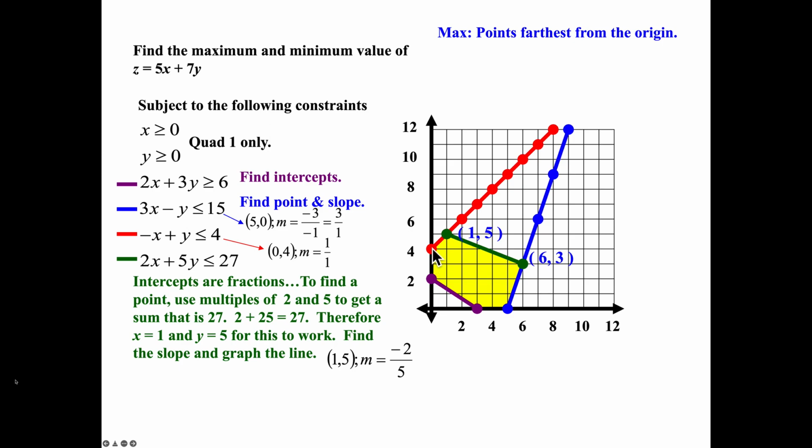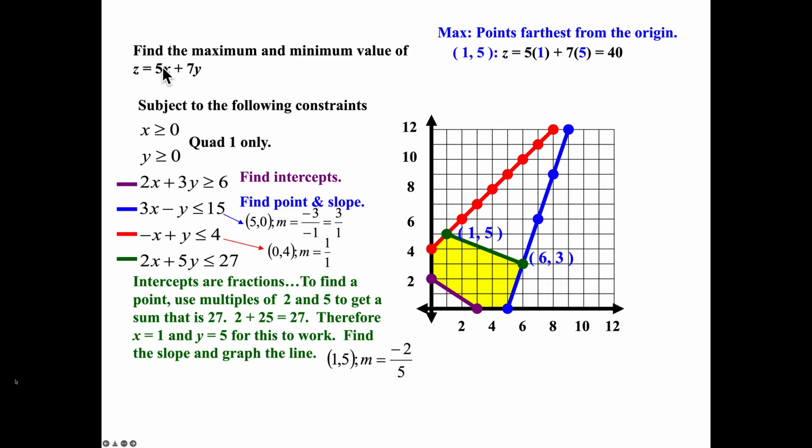Now, the points on the y-axis and the x-axis here. Again, this is 0, 4. I don't have to test this point for the max because 1 is bigger than 0, 5 is bigger than 4. This x-intercept at 5, 0, I don't need to test it for the max. 6 is bigger than 5, and 3 is bigger than 0. So I really need to just test these 2 points.